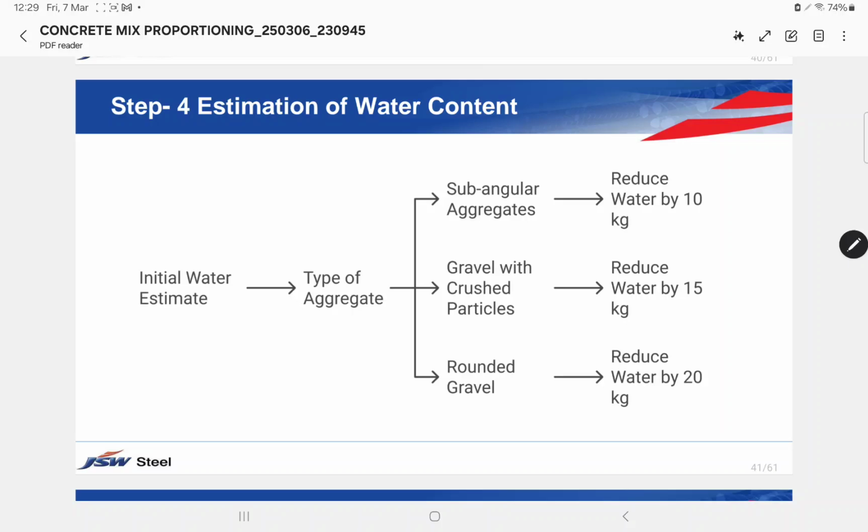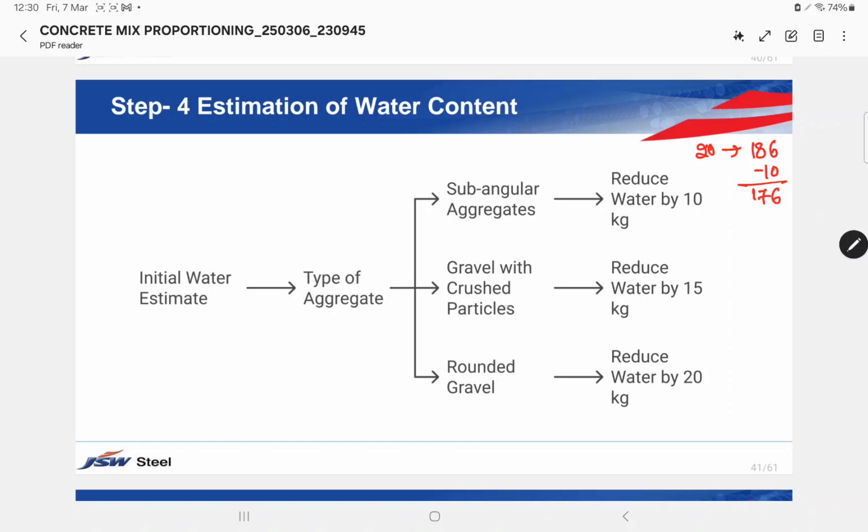The code says that if your aggregate is subangular, then you can reduce the water content by 10 kg. Suppose for 20 mm the water content was 186, and it is valid when your aggregate is angular in shape. But if your aggregate is subangular, then you can directly reduce 10 kg. So your final water content will be 176.